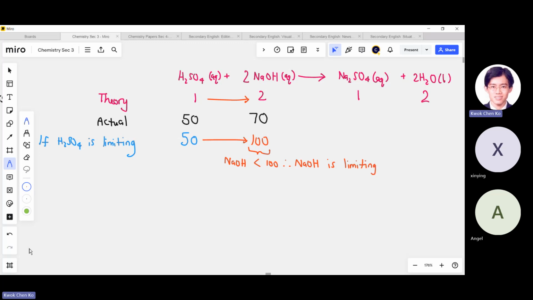So that's the first thing you deduce. The second thing is obviously H2SO4 is in excess. And the third thing, this assumption is not true. But that's fine. At least you identify who is limiting.